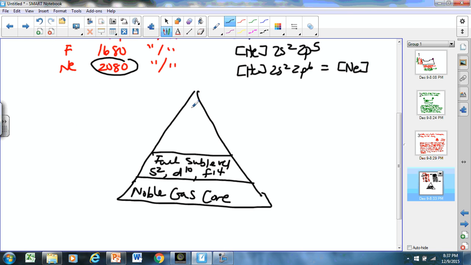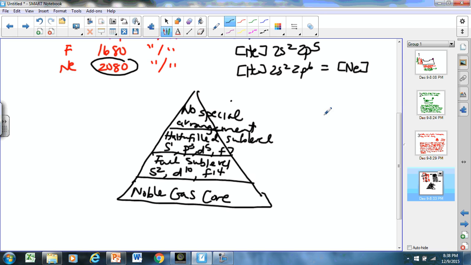Okay, now if it can't have a full sublevel, then it likes to have a half filled sublevel, which is s1, p3, d5, f7. And if it can't have that, it has no special arrangement, is the least stable. Or in this case, if it's not very stable, it's easy to get an electron away from it.